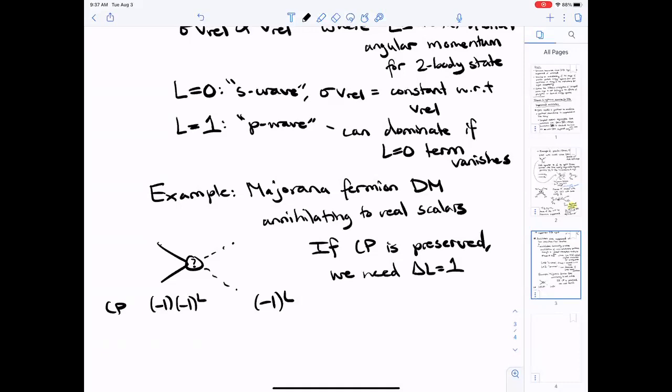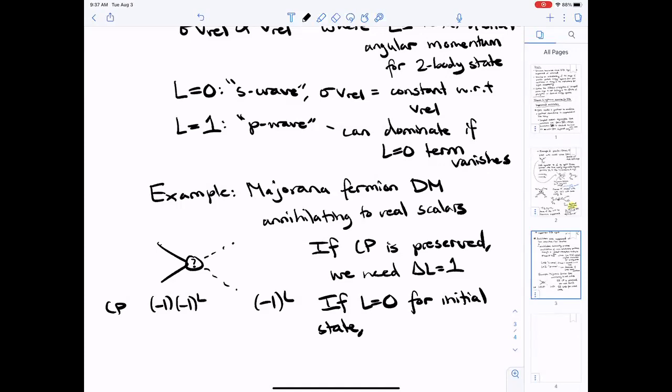But there's another selection rule in here which conflicts with that, for starting L equals 0. So suppose we look at S wave. If L equals 0 for the initial state, then the initial state is made of two identical fermions. So what do we know about two identical fermions?